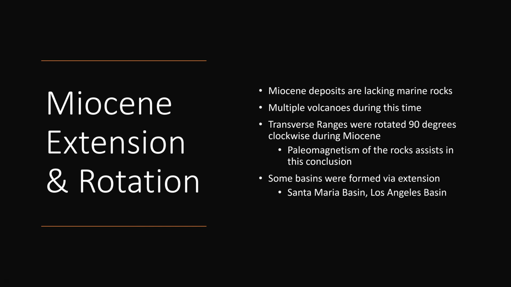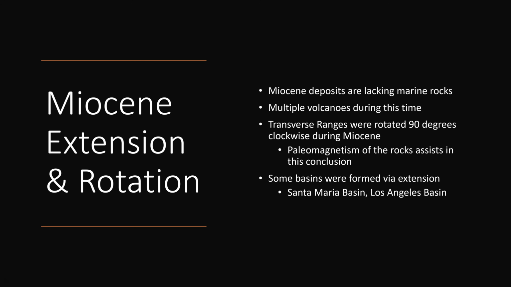When they are first deposited, they orient themselves to magnetic north, right? And if those rocks are rotated in any fashion, like in this rotation of these ranges, it will indicate that in their paleomagnetic record. And we can see that in lab samples, basically. So we take samples from the rocks and then we bring them back to the lab, demagnetize them, and then look at their rotation.